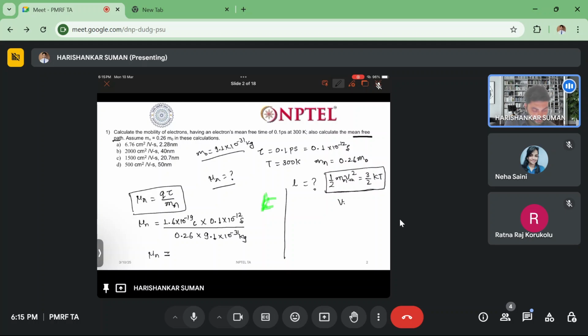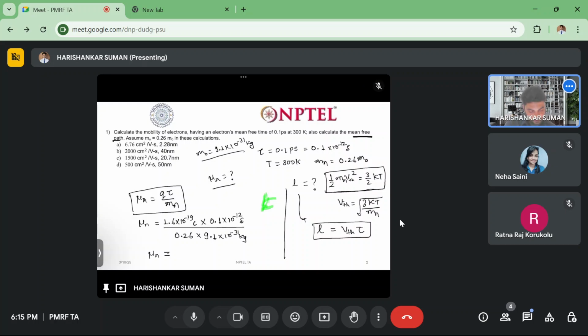So here you please find the thermal velocity, then use it to calculate the mean free path, and now solve this equation. So first tell me the mobility.